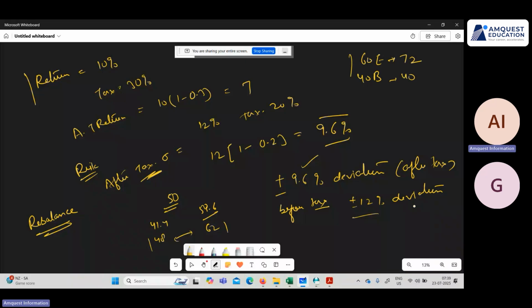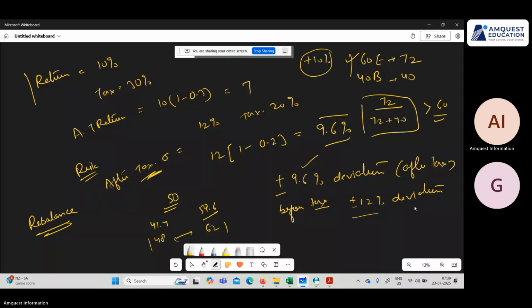So the weight of equity is 72 upon (72 plus 40), which is more than 60%. Then they say, I'm okay with 10% deviation, which means that if my equity weight is between 50 and 70, no need to rebalance. Anytime it breaches that, we should rebalance.